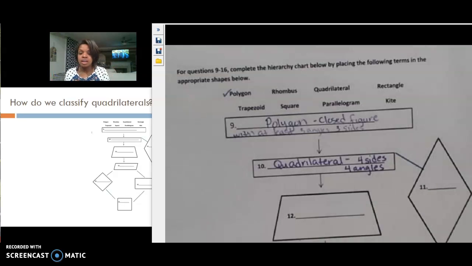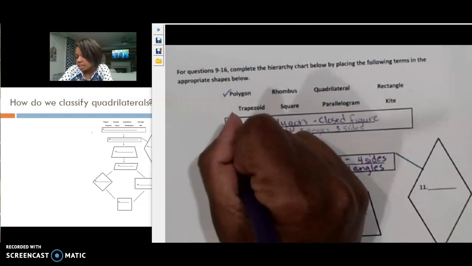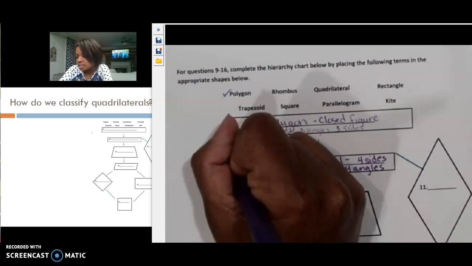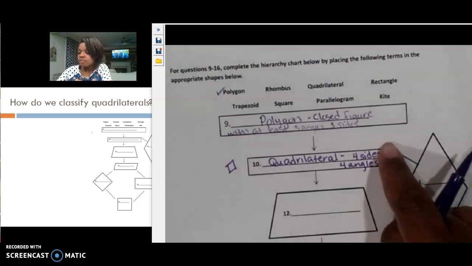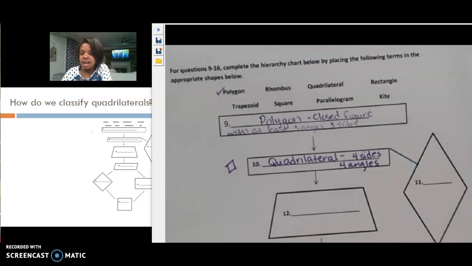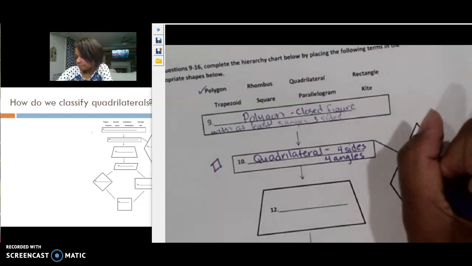It has to have four sides and four angles, so it could look like a rectangle. It could look like this. It just has to have four sides and four angles. That's all it takes to be a quadrilateral. Okay, so if I look, I can see over to the side that I have a kite.